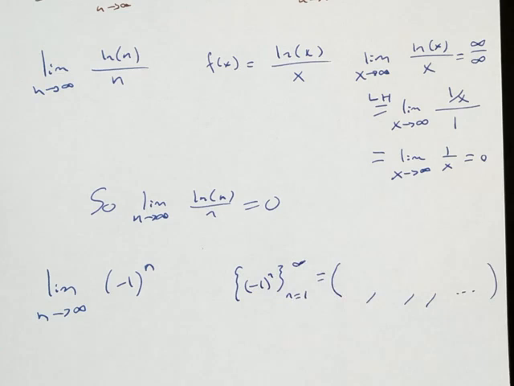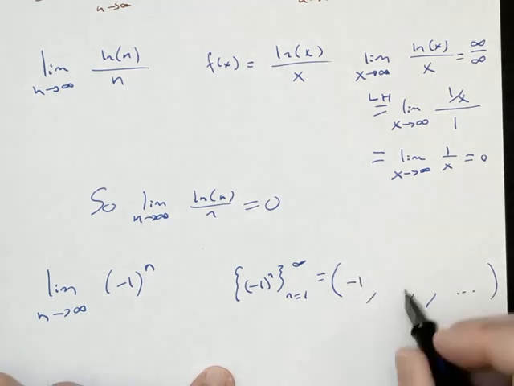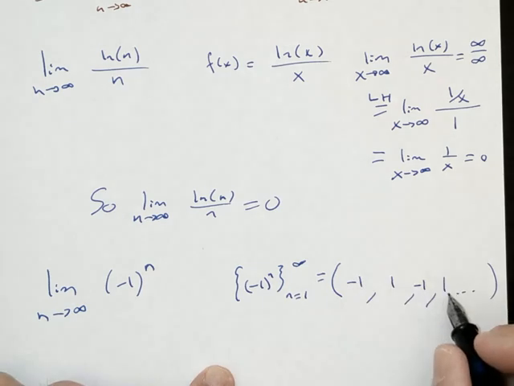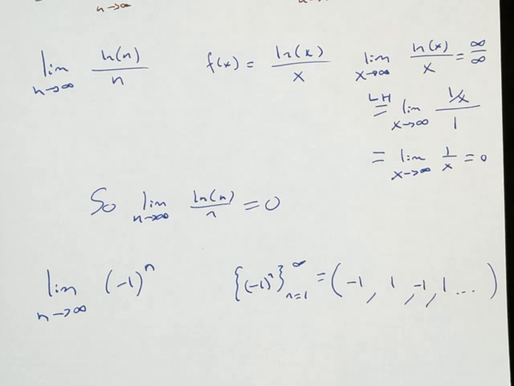If I start with 1, then I get minus 1 to the first, which is negative 1. Minus 1 squared is 1. Minus 1 to the third is negative 1. Minus 1 to the... What do we get?